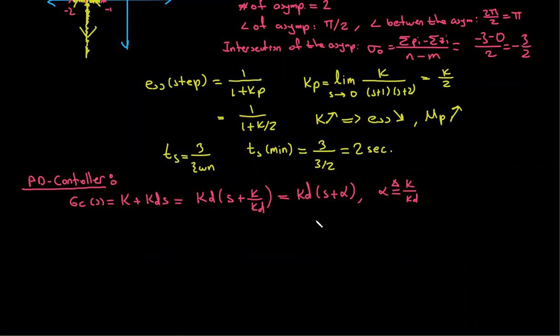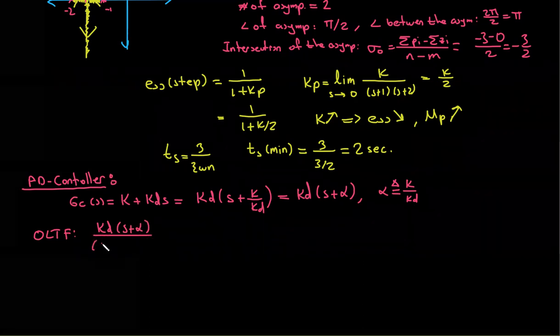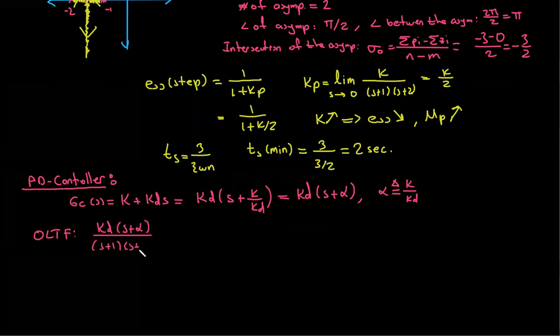Then I can have 2 degrees of freedom and 2 parameters to fix by introducing 1 zero location and 1 gain parameter that I will change from 0 to infinity, okay? So if I write down the open loop transfer function once again, it will be simply equal to KD times (S plus alpha) divided by (s plus 1) times (s plus 2). Okay.